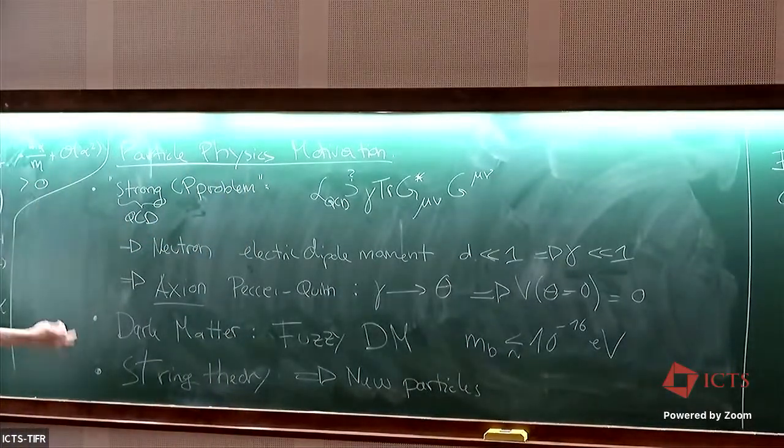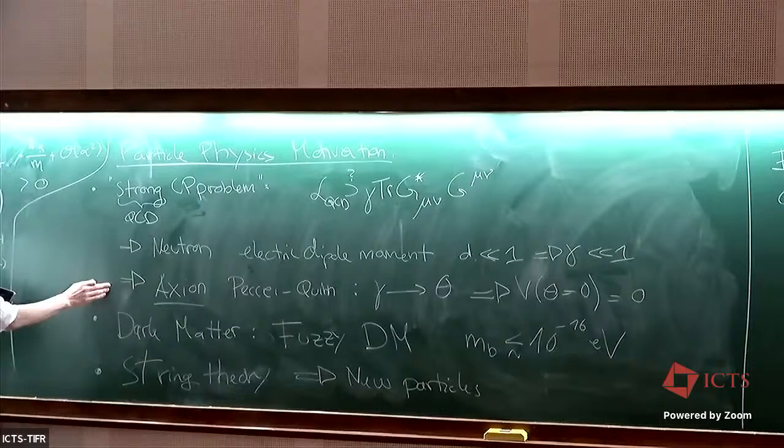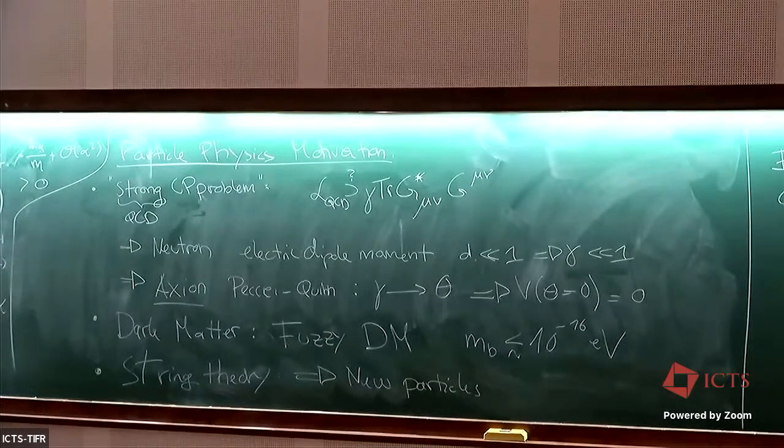Okay, so we have three debatably compelling ways of motivating the existence of ultralight particles. And so, okay, we somehow have a theoretical preference for the existence of these particles.